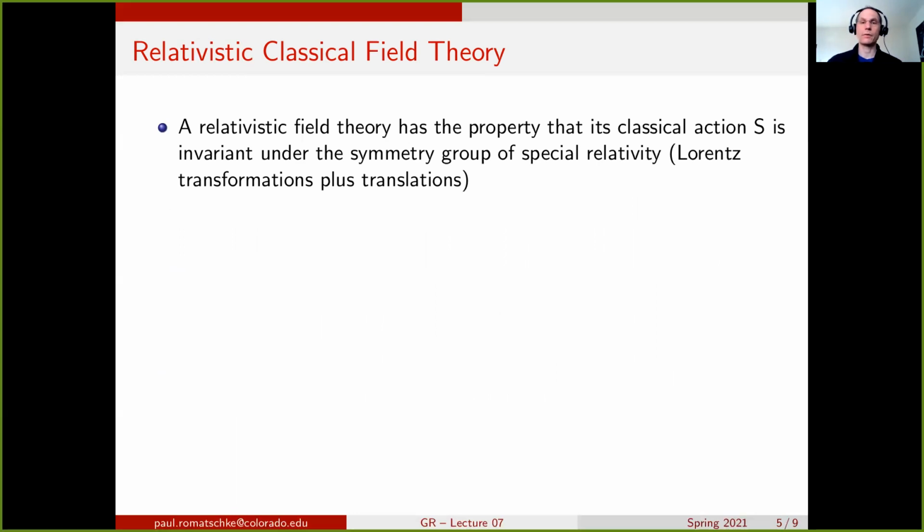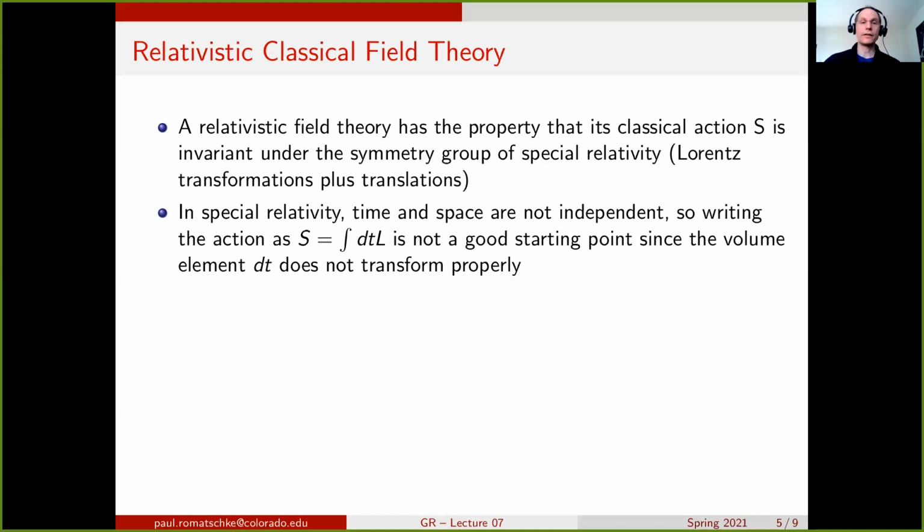In particular, if we want to construct a field theory that's invariant under special relativity transformations, so if we want to naturally incorporate the symmetries of special relativity, then basically that symmetry has to be something that's obeyed by this action S that we want to write down.